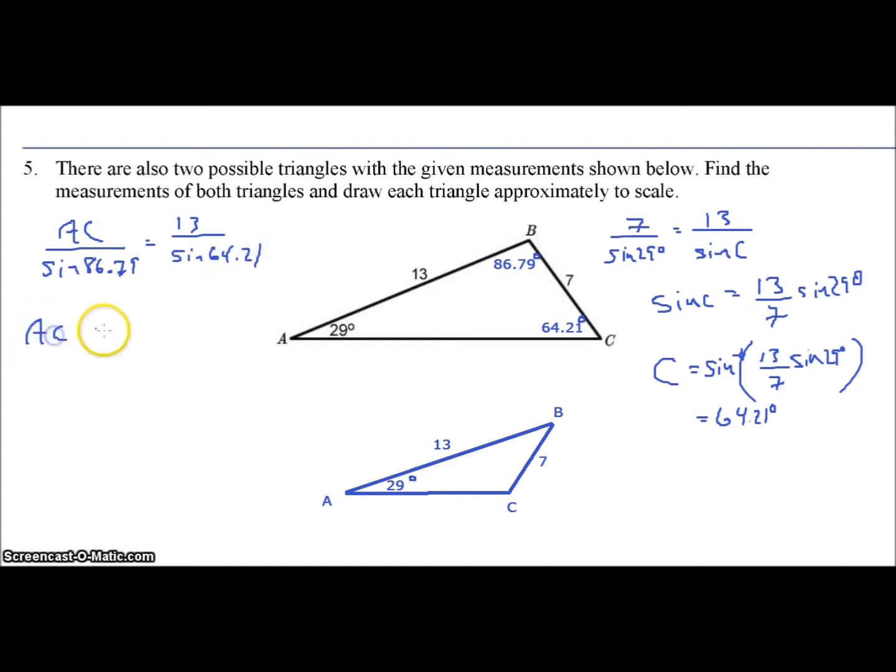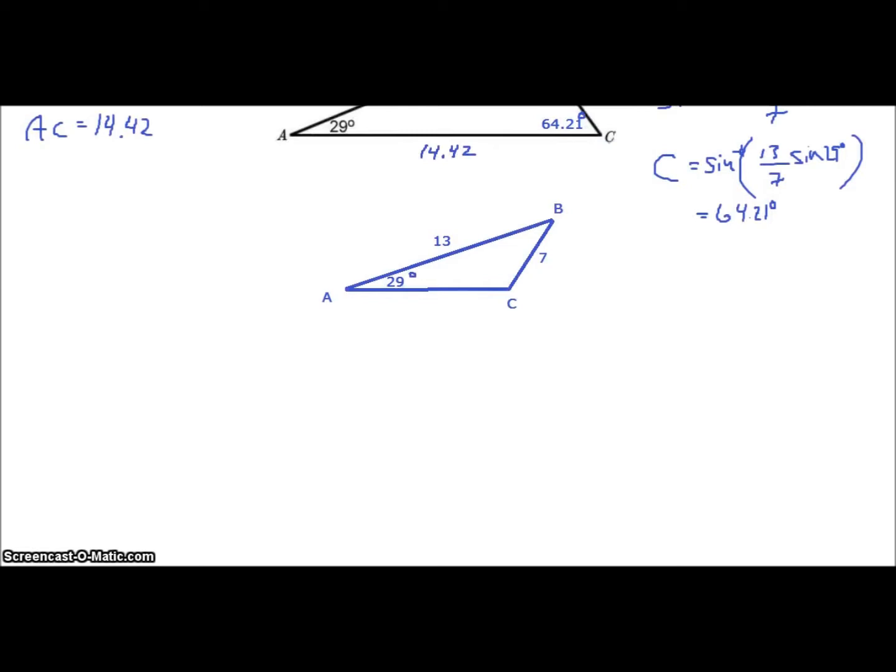Solving for AC, 13 times sine of 86.79 divided by sine of 64.21. And now we've solved this triangle. Solving the triangle, that sounds kind of funny to say. We found all the measurements.